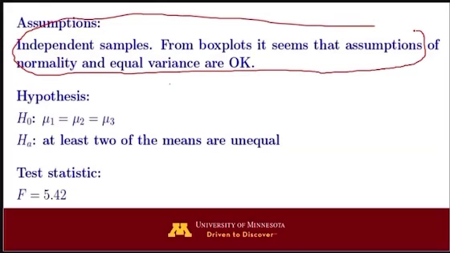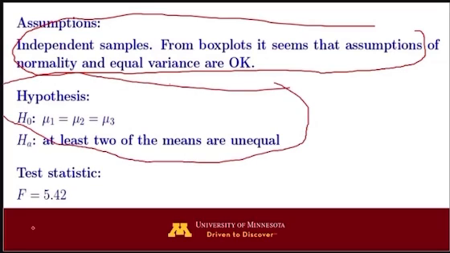Another assumption said that the distribution has to be normal. You can do a box plot to see that. Then the equal variance too, we'll be able to see whether they have equal variance.